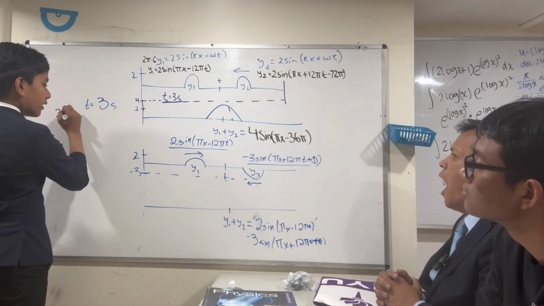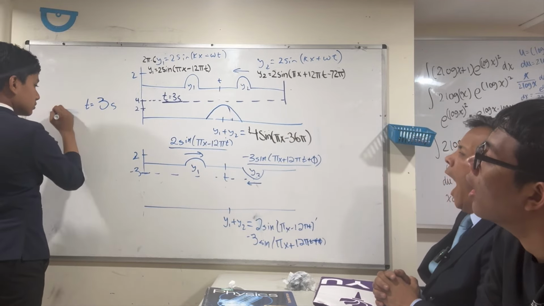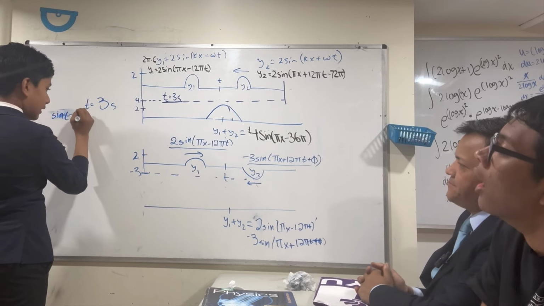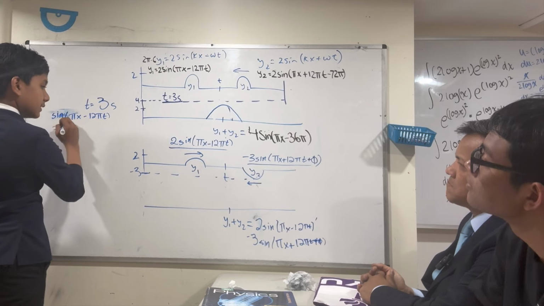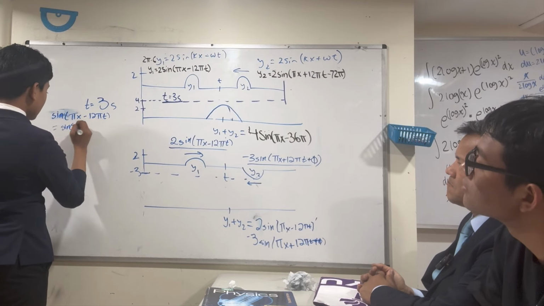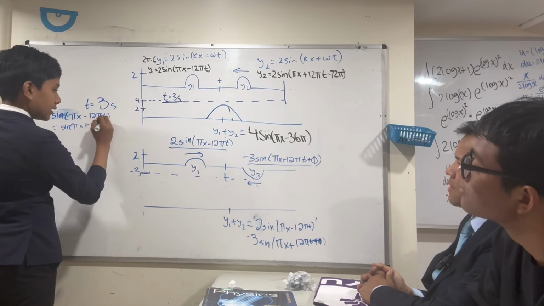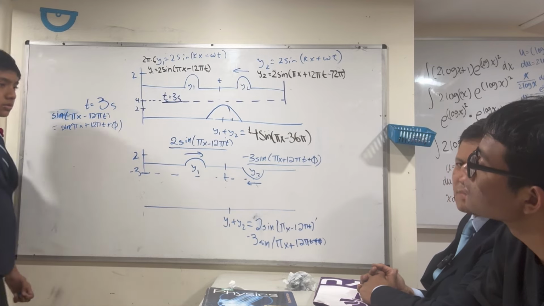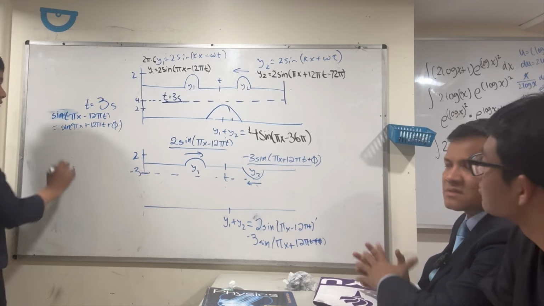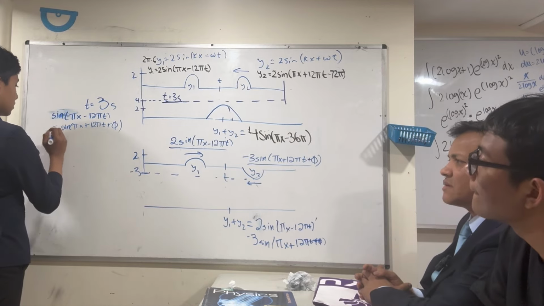We want to figure out when these two are in phase, i.e. sine pi x minus 12 pi t is equal to sine pi x plus 12 pi t plus 5. It's essentially the same problem. Simple concept, but it's really lots of trigonometry.